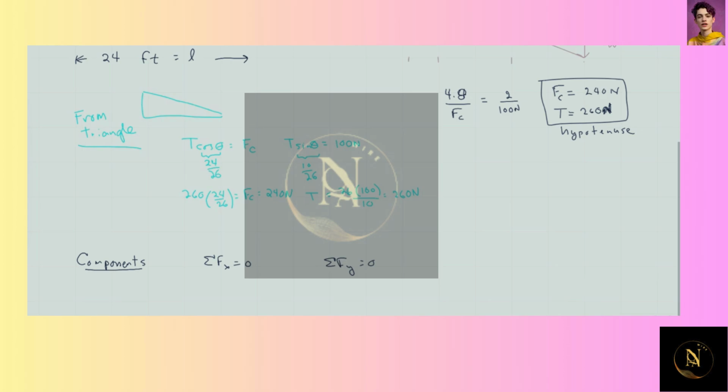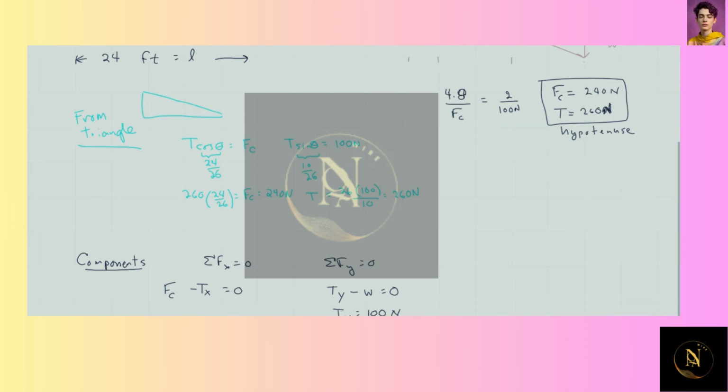Our x components are tx is in the negative direction, and our compressive force from the left end is in the positive x direction. And then in the y direction, we have ty up and the weight downwards. So we have ty is equal to 100 newtons.